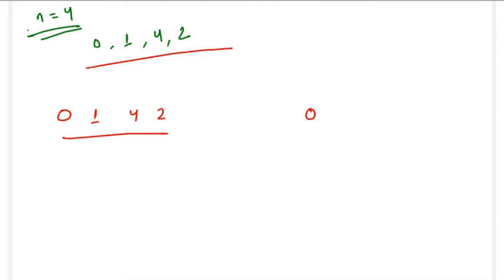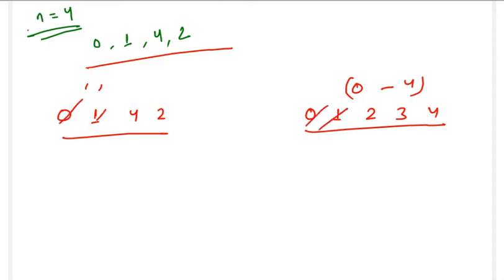We are going to XOR them with 0, 1, 2, 3, 4, that is 0 to 4. So now if we XOR all of these, 0 will cancel out with 0, 1 will cancel out with 1, 4 will cancel out with 4, 2 will cancel out with 2, and what will remain is the missing number. Thus we will return 3 as our answer.